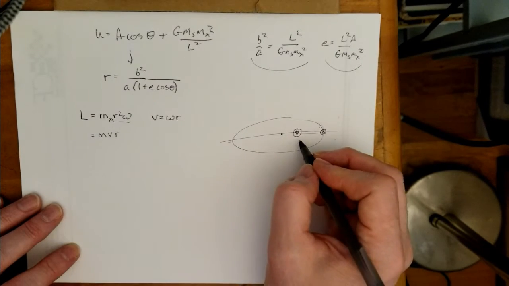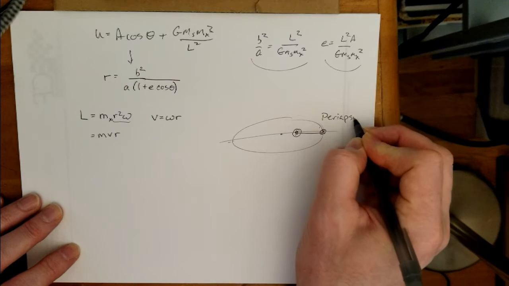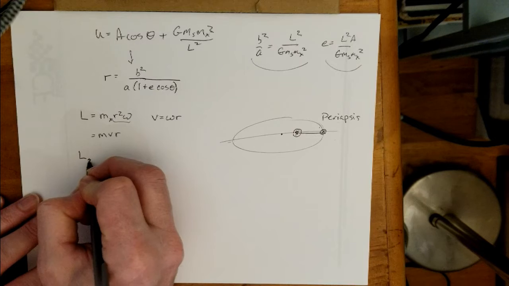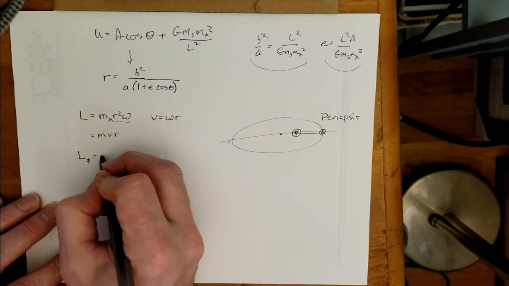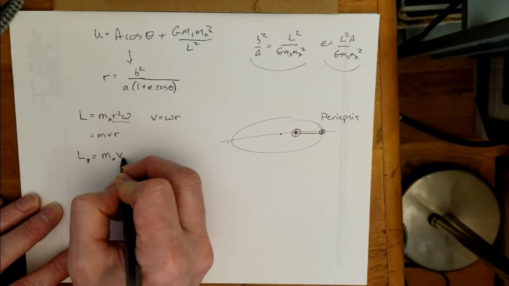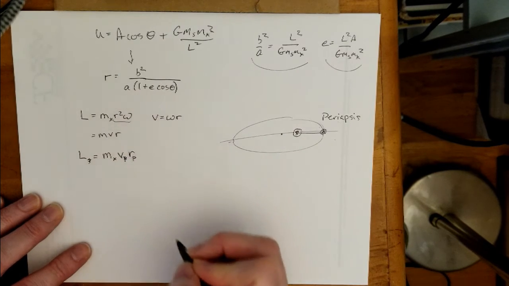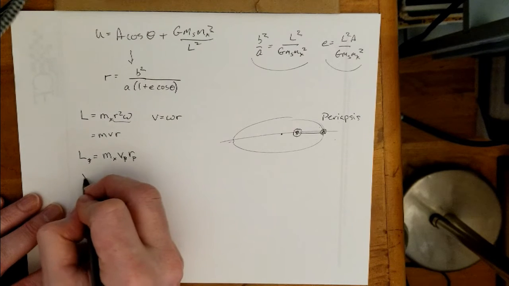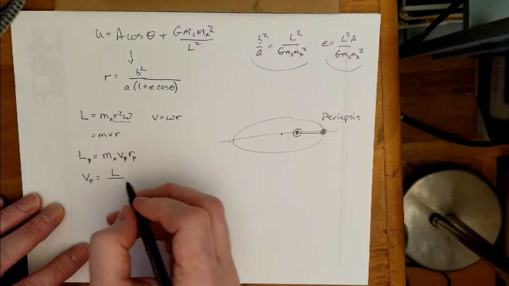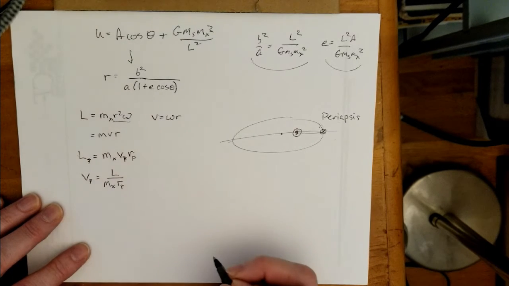At the closest point, known as the periapsis, the angular momentum, well, that's equal to a constant, but that would be mass of x times the speed at this point right here, which I'll label as p, and then the radius p. So the speed at p is equal to that constant angular momentum over m_x r_p.